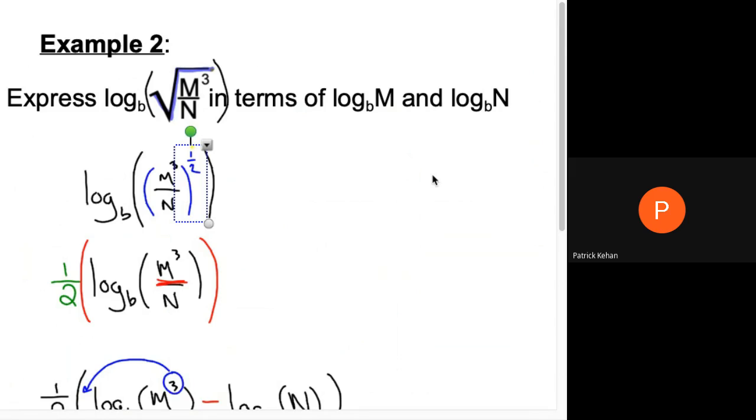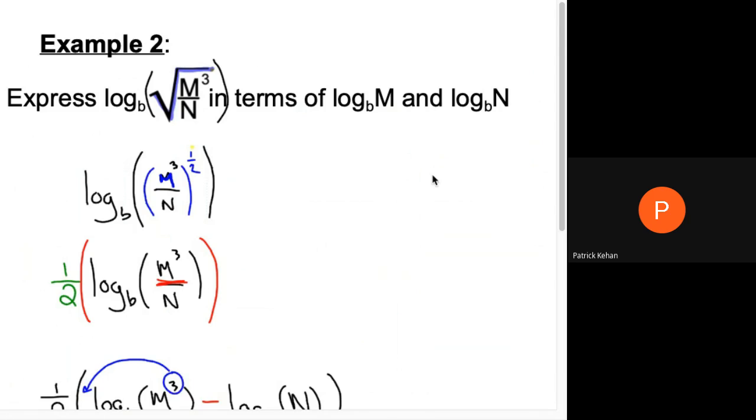There are a few different ways we can deal with this, but ultimately, we're working on the reverse order of operations. If you look inside this logarithmic expression, inside the argument, following the order of operations, the first thing you would do is raise m to the 3rd power, then you would divide it by n, and you would raise it to the 1/2 power.